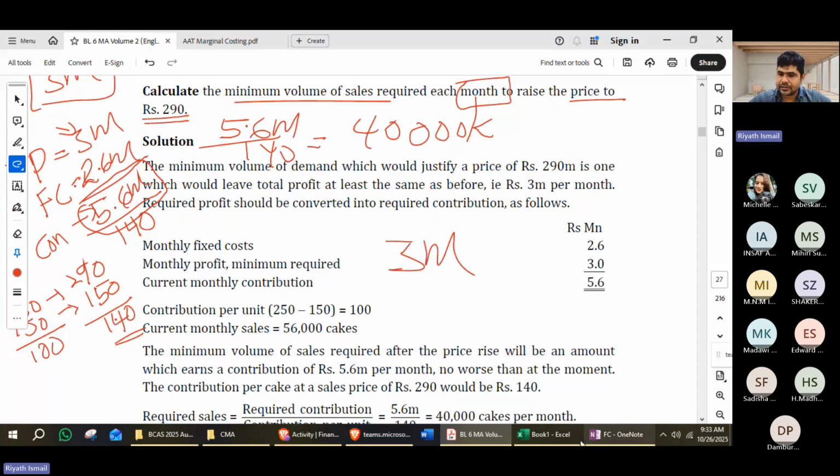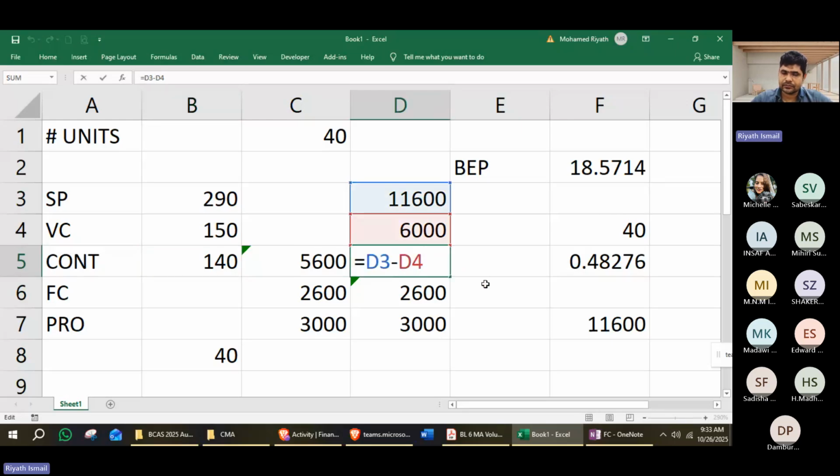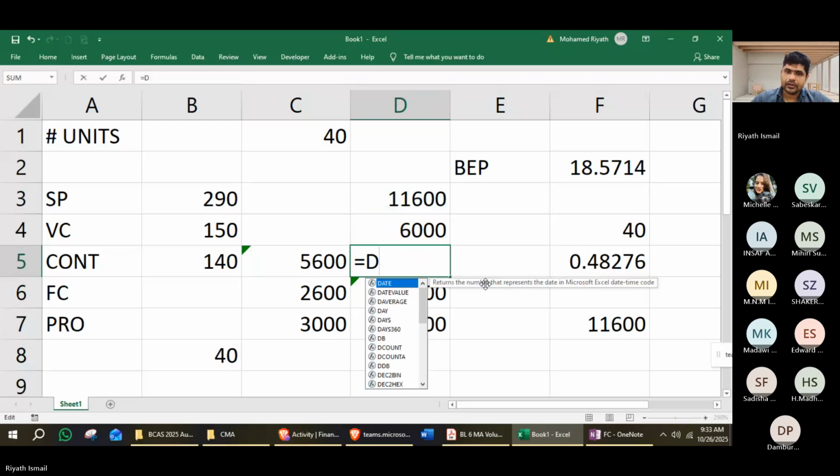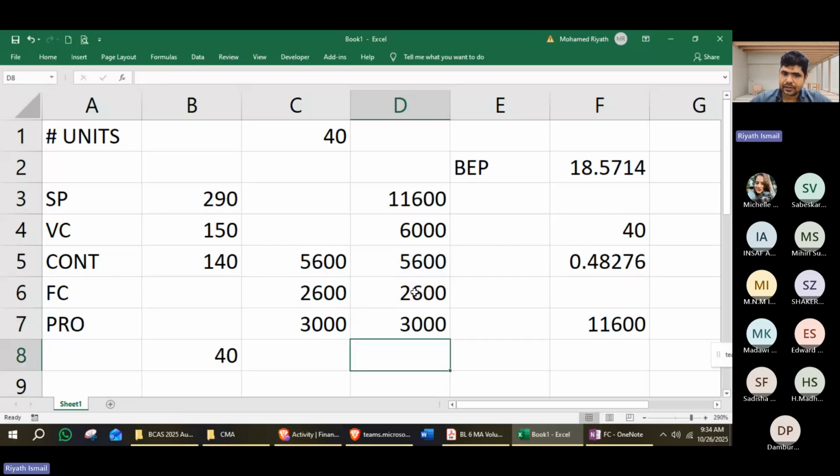We can verify that: 290 minus 150 equals 140, and 140 into 40,000 units gives 5.6 million. Less the 2.6 million fixed cost, the profit will be 3 million.